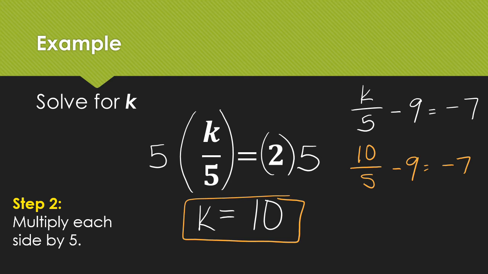Let's simplify. 10 divided by 5 is +2. So 2 minus 9 equals -7. And -7 is equal to -7. So we know that our answer checks out after we check our work here.